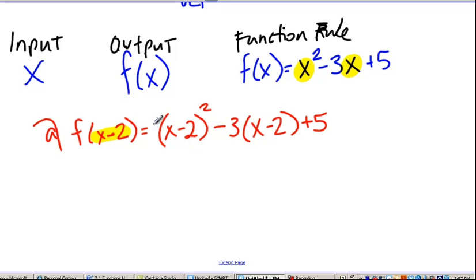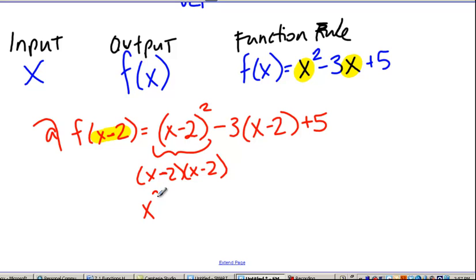Now a lot of y'all told me that this equals x squared minus 4 plus... those are congruent. That is not the case. Okay? Absolutely not. What you must do is take x minus 2 and FOIL. If you don't like the FOIL, you can use the box.